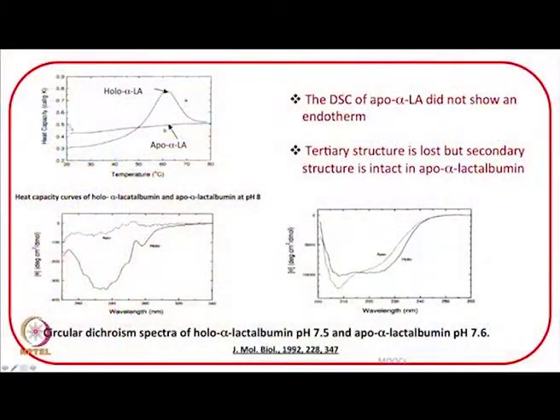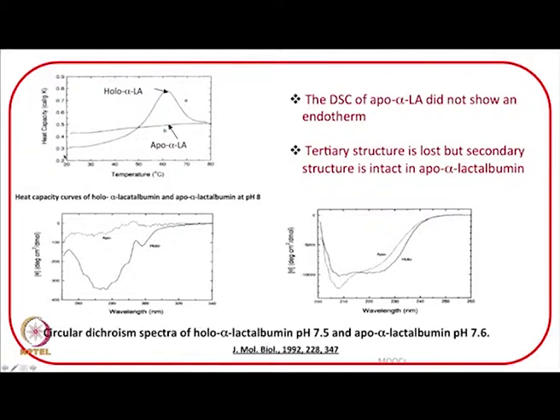Based on these arguments, these authors, let's look at the figure, claim that the apo-alpha-lactalbumin, in which the tertiary structure is lost, while in the CD spectra the secondary structure is intact, is not expected to show a cooperative thermal transition.